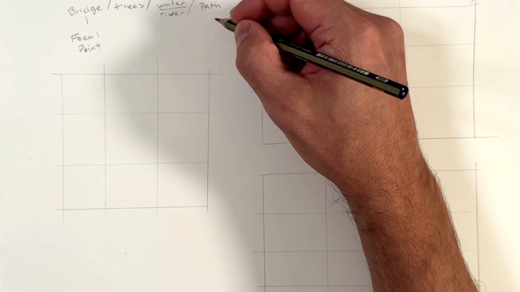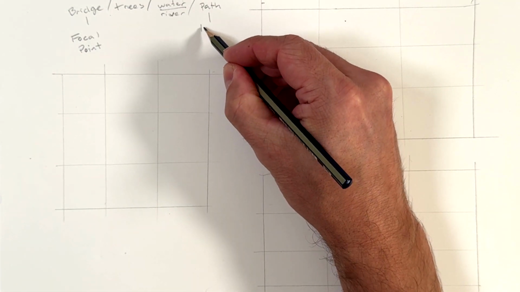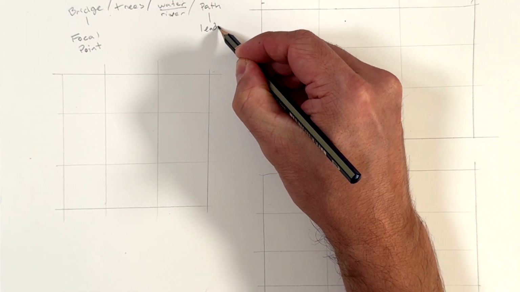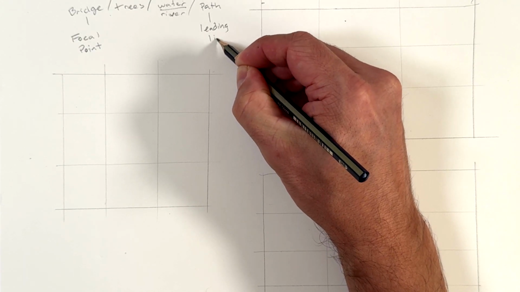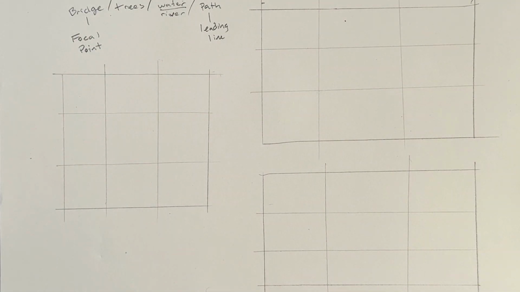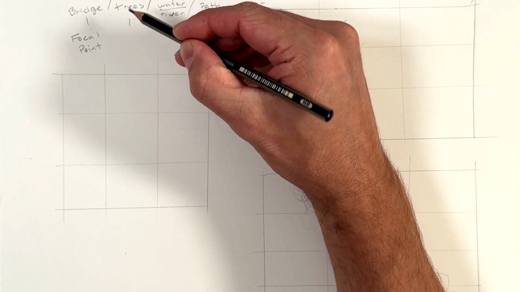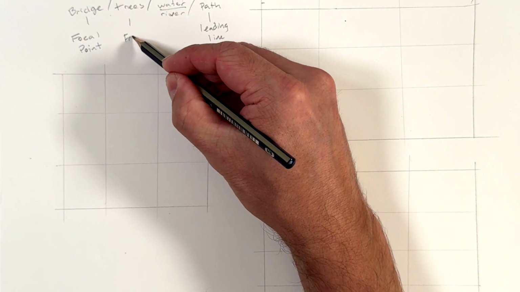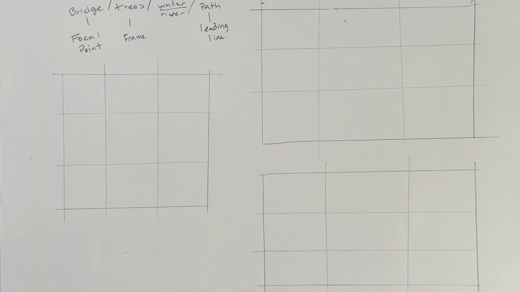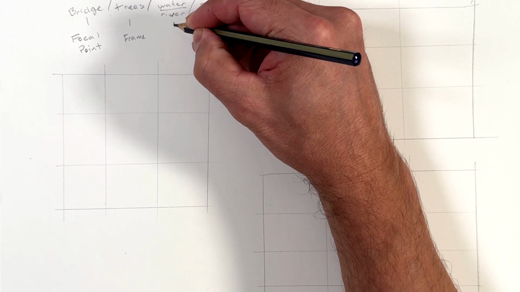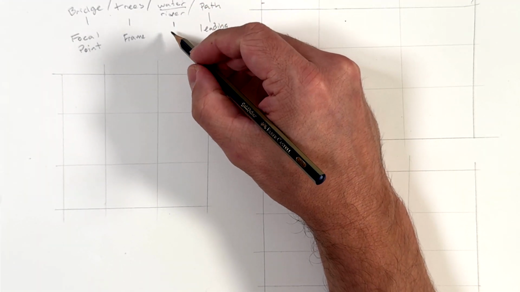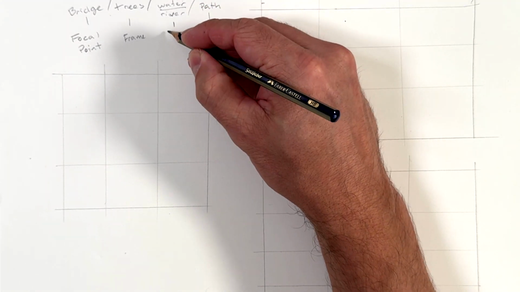So I want to use my path as the leading line, and I'm going to use the trees to frame the river, and the water we will make that as a leading line as well.